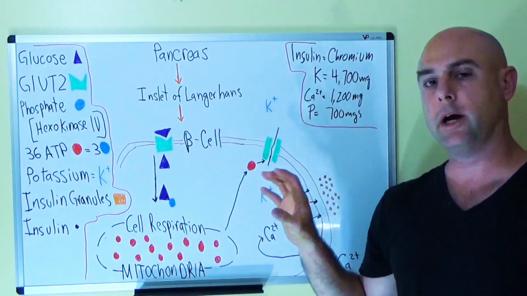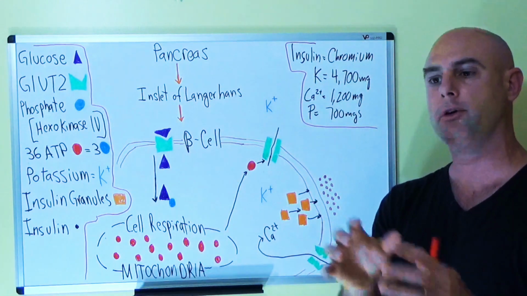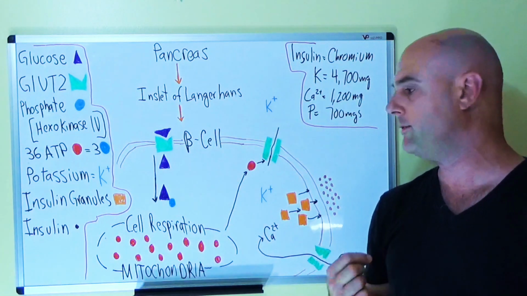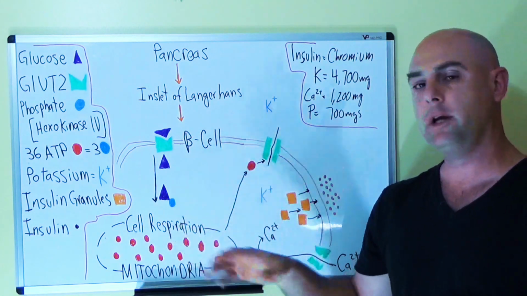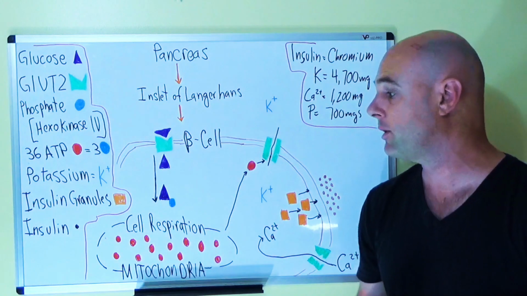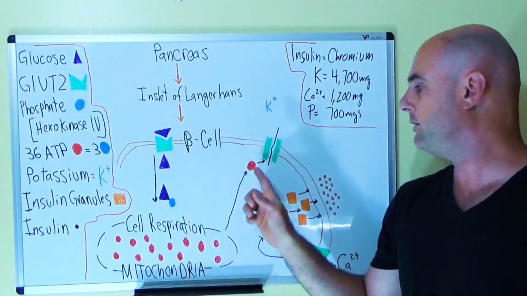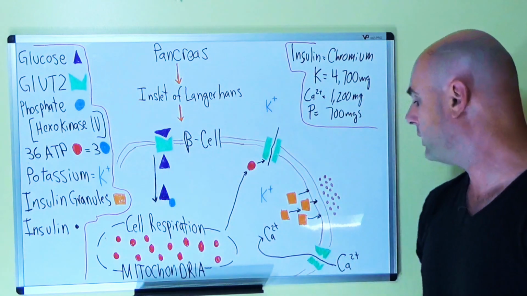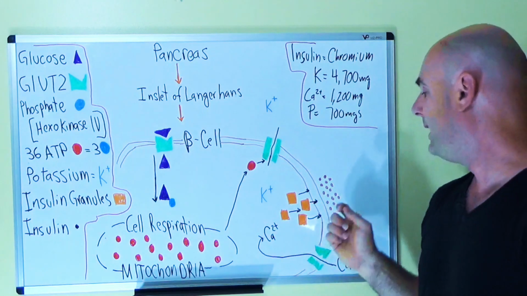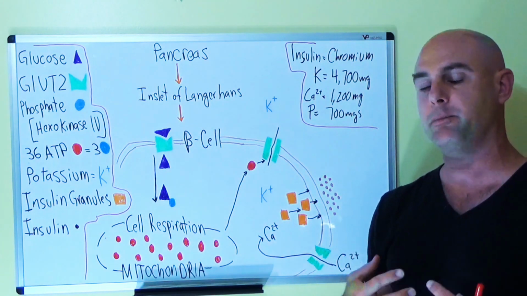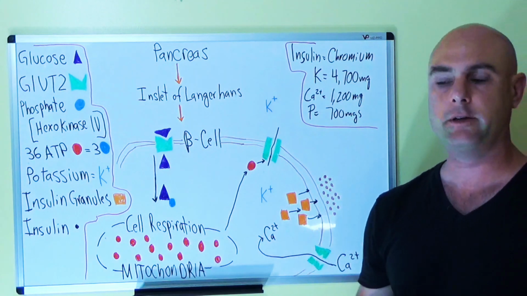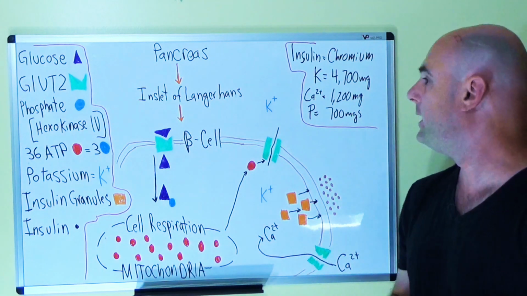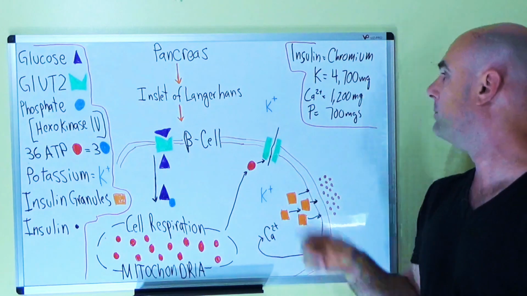So I went over how we convert glucose into ATP in my Diabetes Part 1 video, and I'm not going to go over that again here, but you need your protein, vitamins, and minerals to turn glucose into ATP, which is going to help release our insulin. Insulin is a hormone, but it is made from a protein, so you're going to have to take protein to get enough insulin. And then again, we're going to need our potassium.